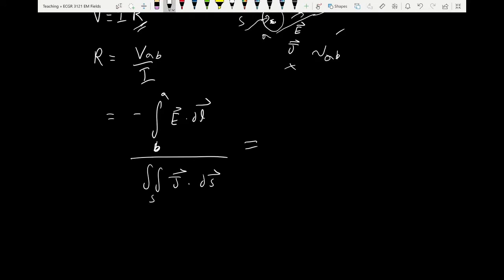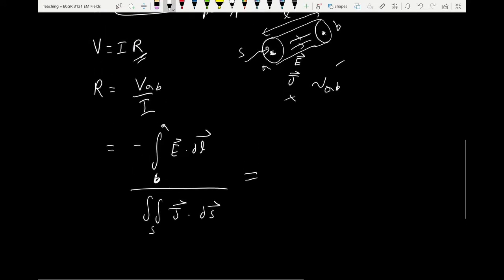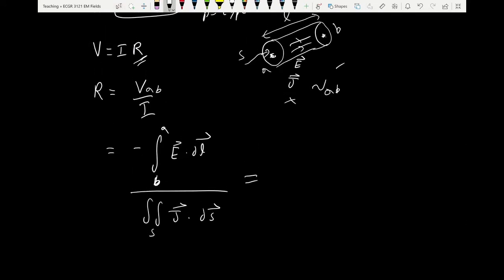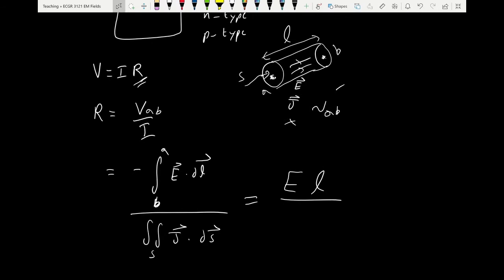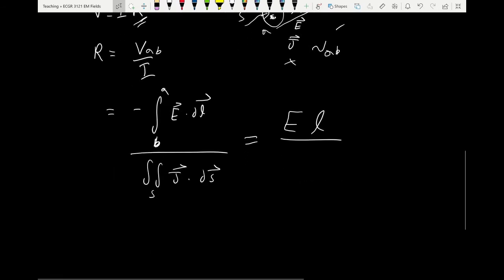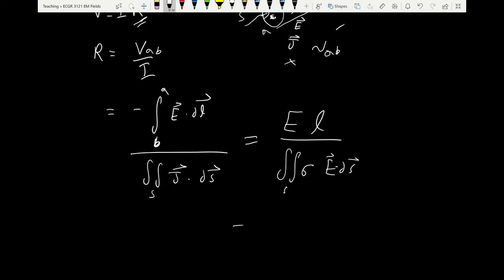So what's the voltage? Well, the assumption is that the electric field is uniform, so I end up with EL, the length of the cylinder, divided by J, which is conductivity times E, right? So this becomes the integral over S of conductivity times E dS, and I'm taking E to be uniform.